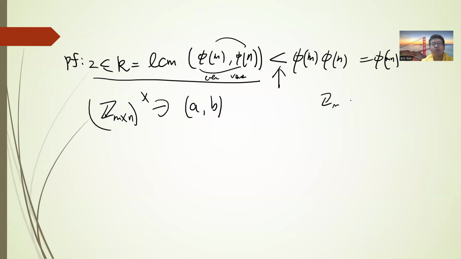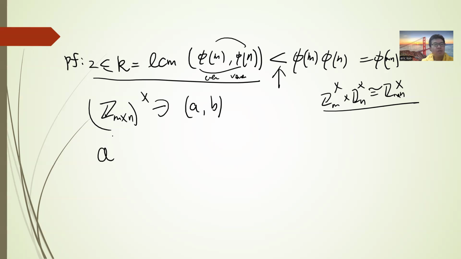notice that this holds as a group isomorphism, I should say as a ring isomorphism, because M and N are coprime. So let's say I take any tuple (A, B) inside this.